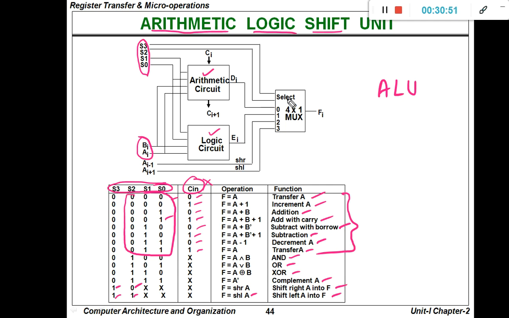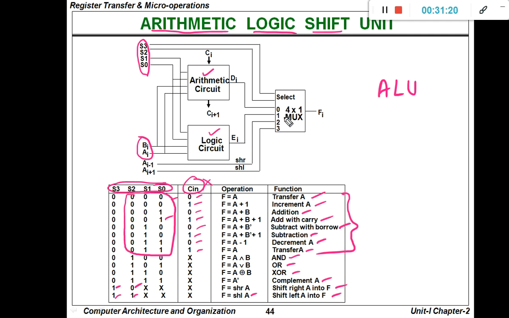Here you can see how the circuit looks and the connections to the circuit. Both the Ai register and Bi register are connected to the arithmetic circuit as well as the logical circuit, and the selection inputs are also connected to the arithmetic circuit, the logical circuit, as well as the 4x1 multiplexer.